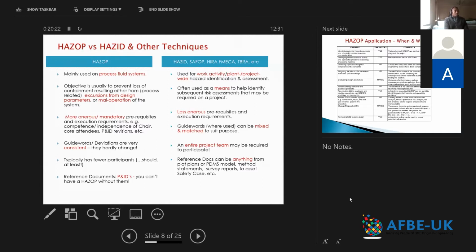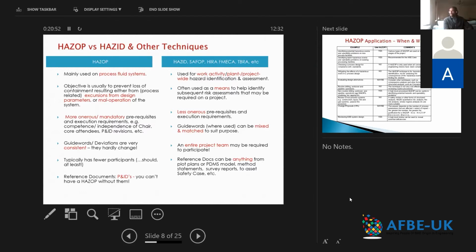The objective of a HAZOP is usually to prevent loss of containment resulting either from process-related excursions from the design parameters or design intent, or mal-operation of the system. Excursions being, basically, another word for departure from what the design intent was: higher temperature than the design temperature, or higher pressure, lower pressure, whatever.